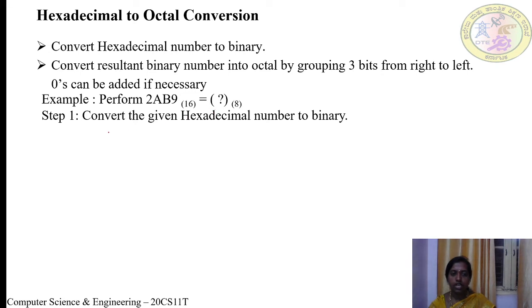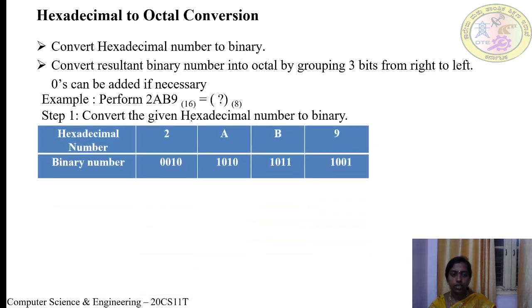First step, convert the given hexadecimal number to binary. Take every digit of the hexadecimal number and make a group of 4 bits. We write the hexadecimal number from right to left, that is 9, B, A and 2.